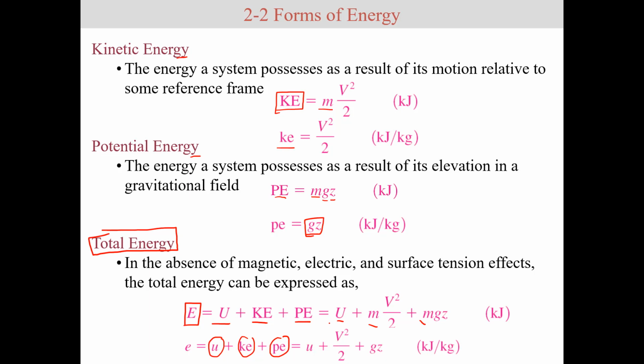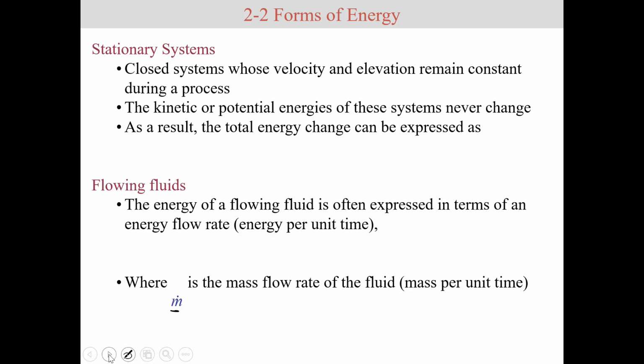And we're going to be looking at that. So the total energy that a system possesses, or the change in total energy that a system possesses, is going to be a result of some process. So let's look at a stationary system. If I'm looking at a stationary system or closed systems whose velocity and elevation remain constant during a process, that means that the kinetic and potential energies of the system never change.